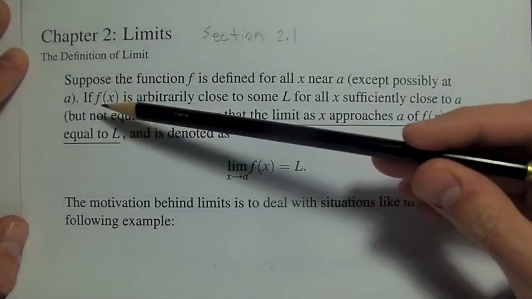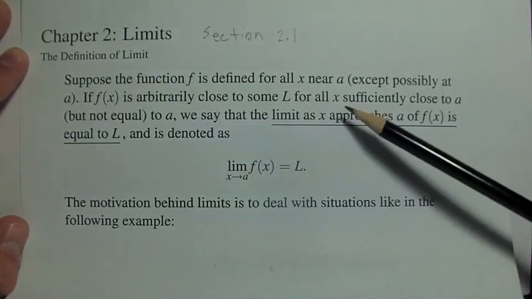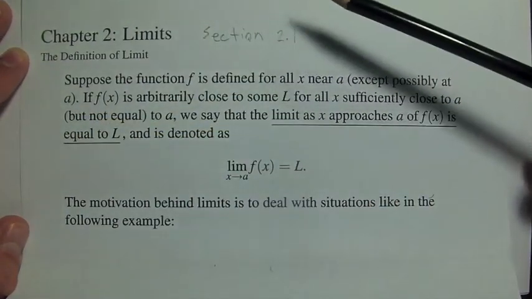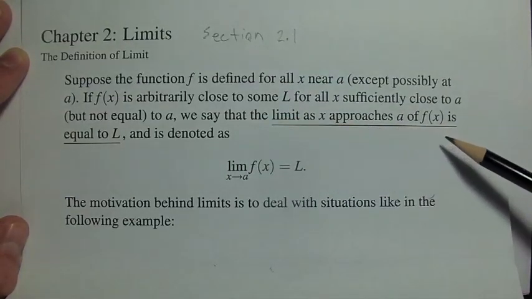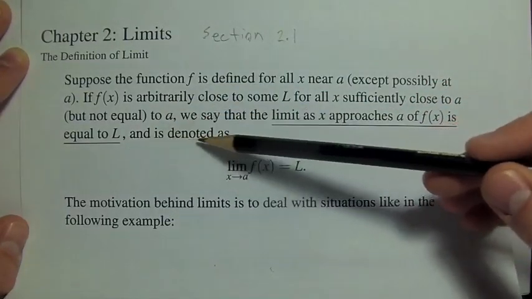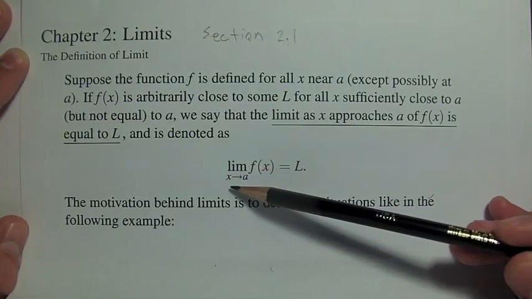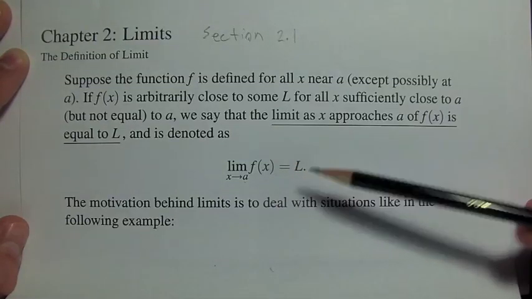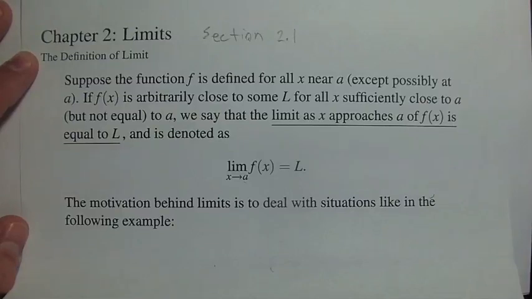Now, if f of x is arbitrarily close to some L for all x sufficiently close to a, but not equal to a, we say that the limit as x approaches a of f of x is equal to L. It's denoted: the limit as x goes to a of f of x is equal to L. This is kind of a stuffy book definition.